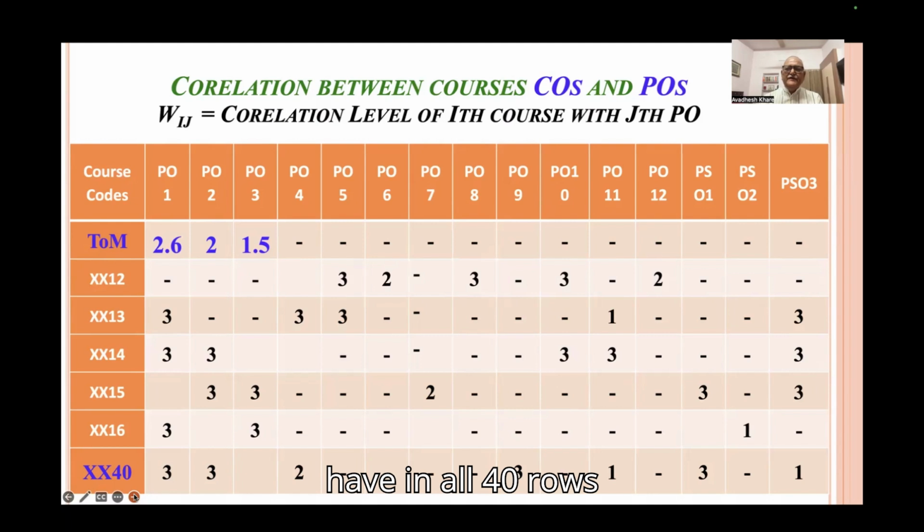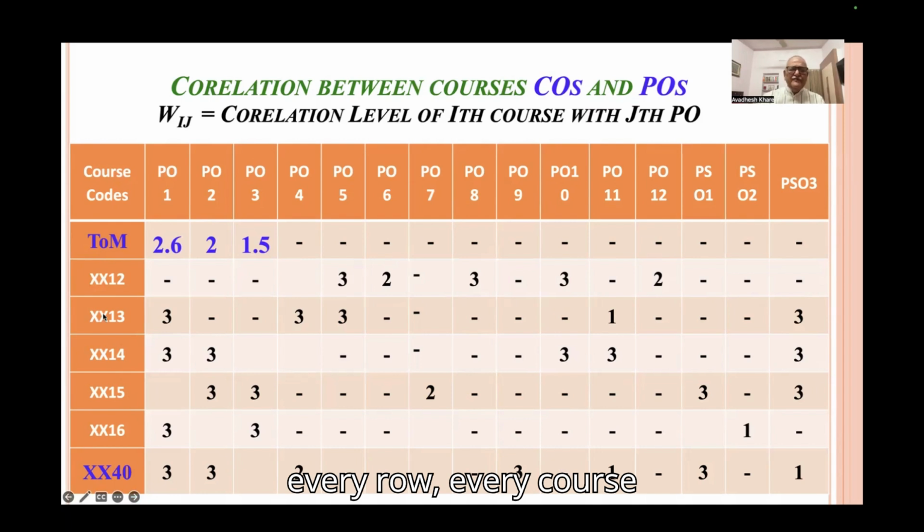So I'll have in all 40 rows, and every row will contain certain cell values. Theory of Machines has cell 1 at 2.6, cell 2 at 2, and cell 3 at 1.5, as we have already discussed.